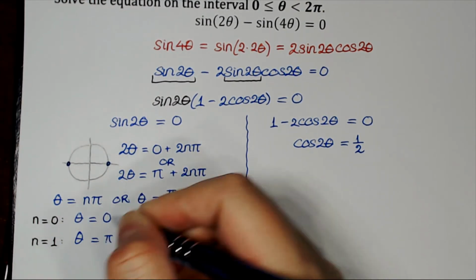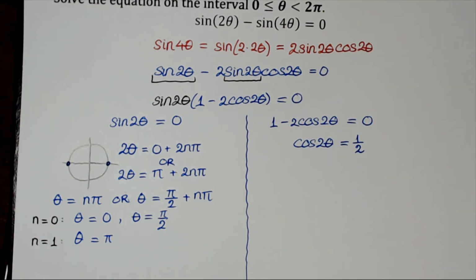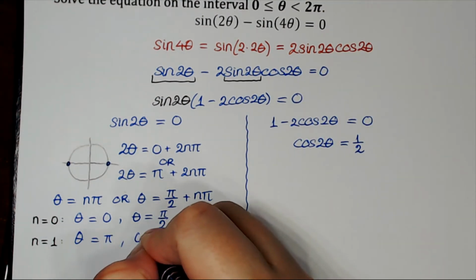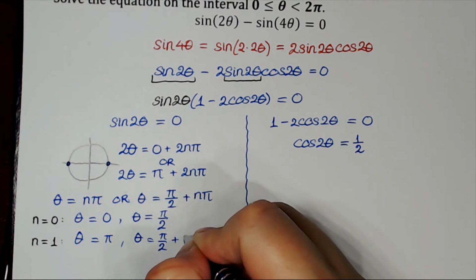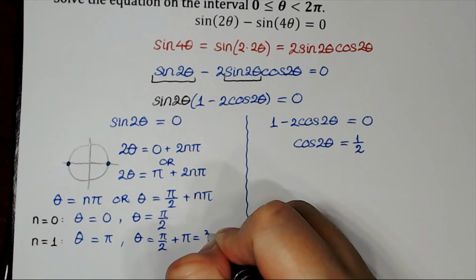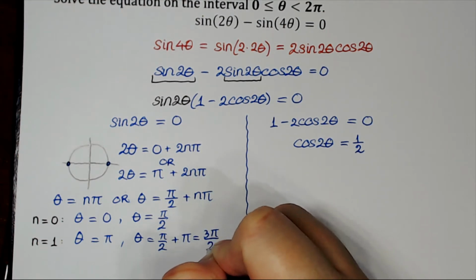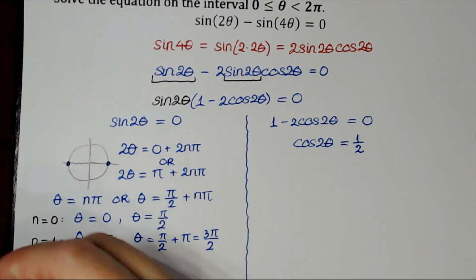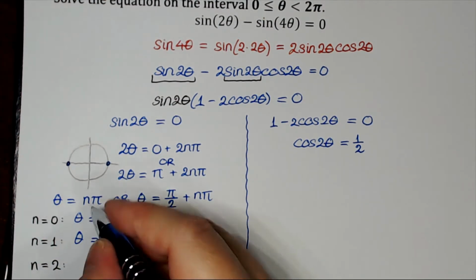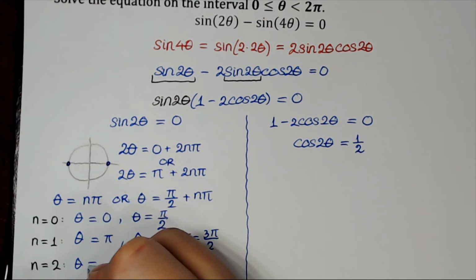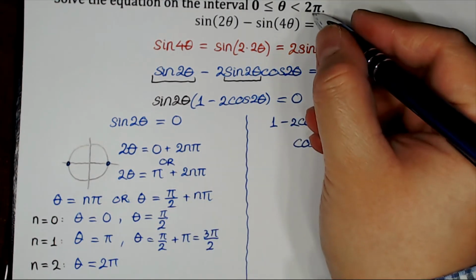Now both of them have sine of 2 theta in common, so I will factor it out. Then we will have 1 minus 2 cosine of 2 theta equal to 0.